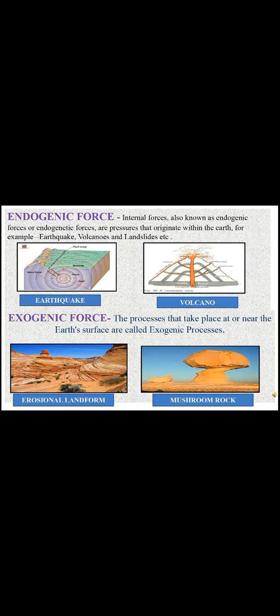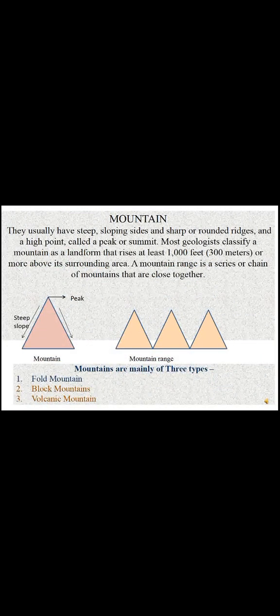Both these landforms are mainly formed due to erosion by wind. The continuous blowing of wind leads to this kind of landform. For example, a mushroom rock. So these two are erosional landforms. Exogenic forces mainly take place where? On the earth's surface.